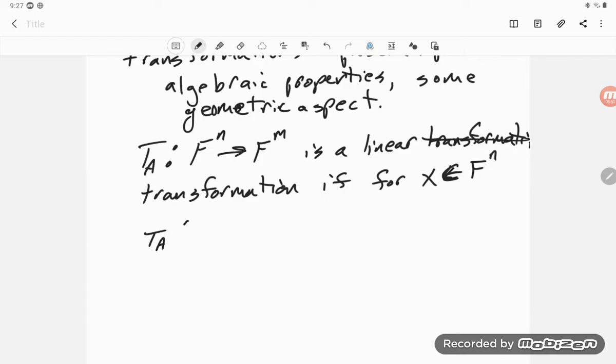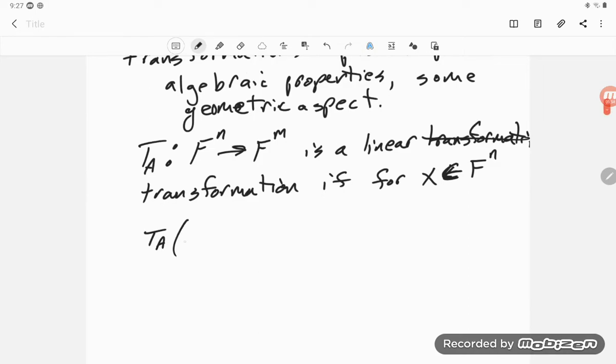then what we have is that if I took T_A of, so here's the function idea, s x plus, so really they use an x and a y, so I'm kind of looking at what they have. I was going to do it slightly differently, but I'll try to mimic what the book has here.